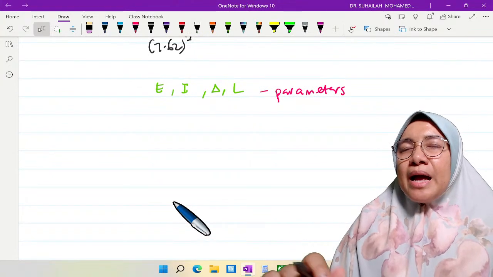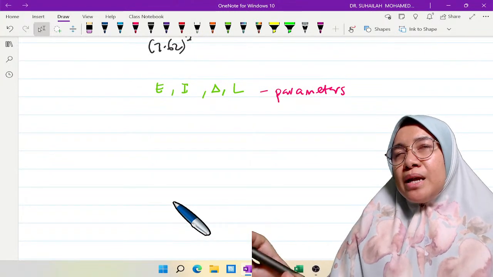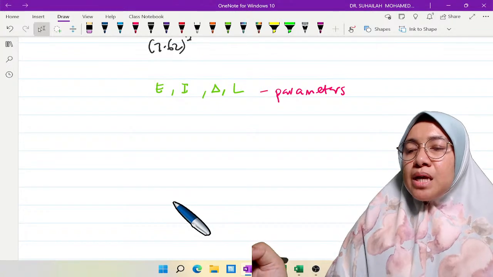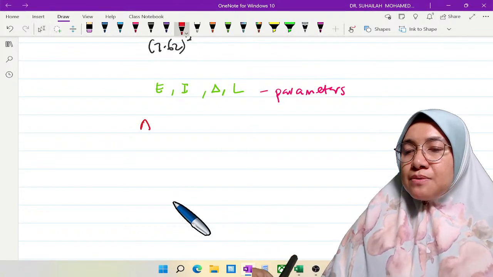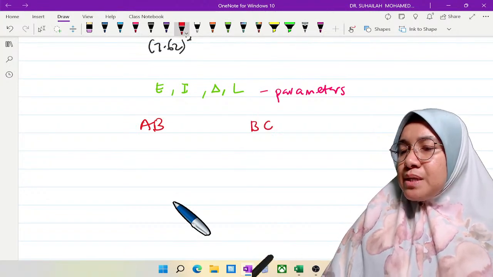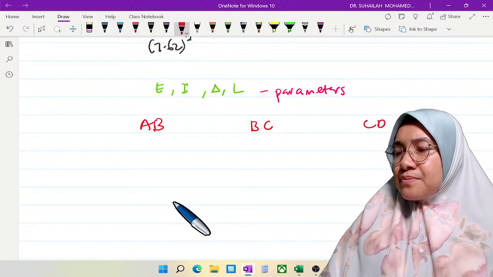I have tabulated it in one table. We have three members: member AB, member BC, member CD.